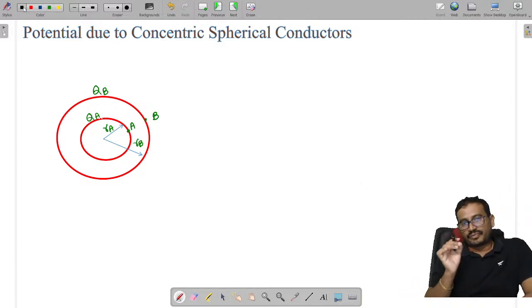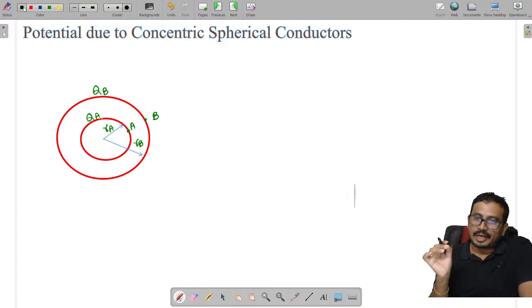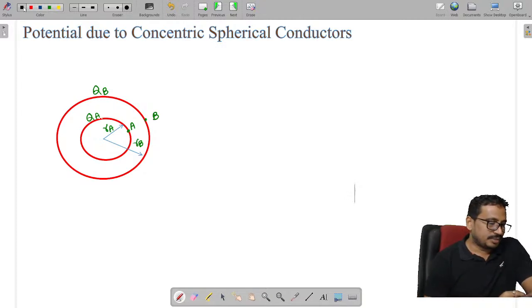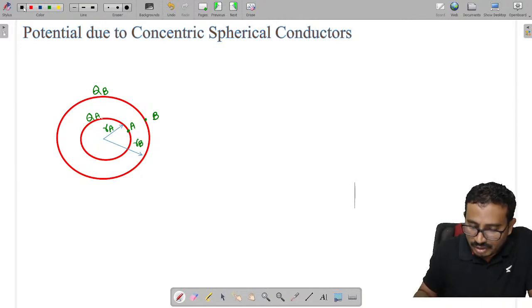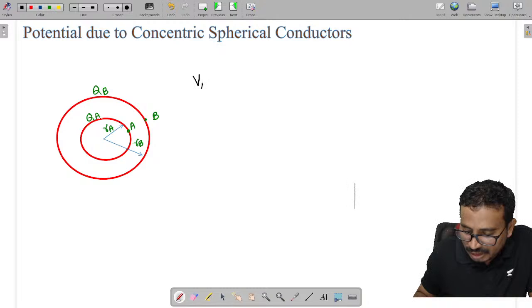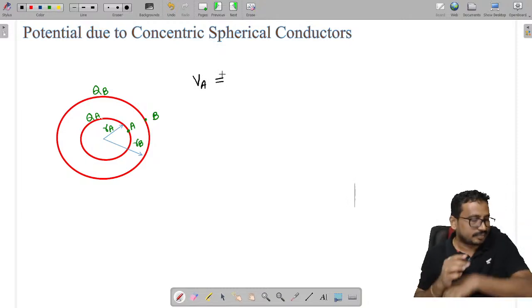Now I want to find the potential at the point A and the potential at the point B. Okay. Now all of you listen carefully. I want the potential at the point A, that I am calling VA.